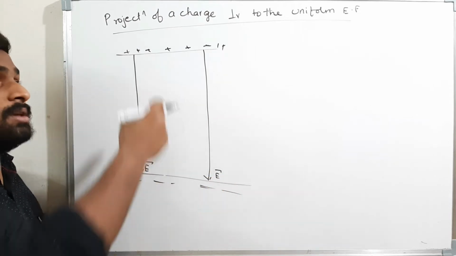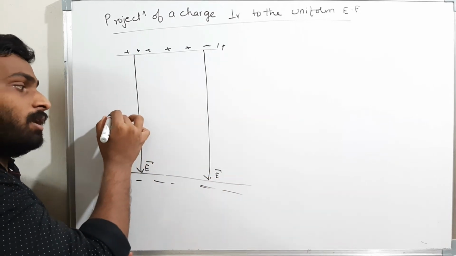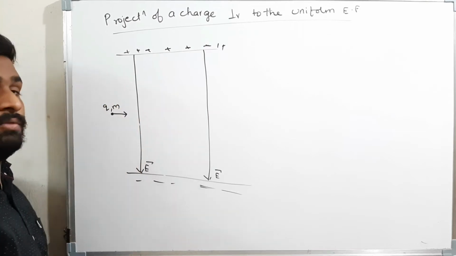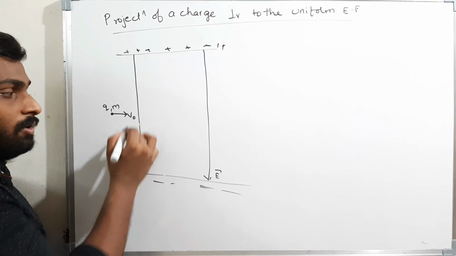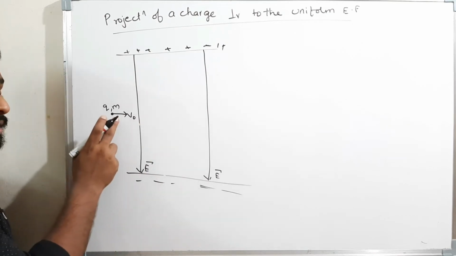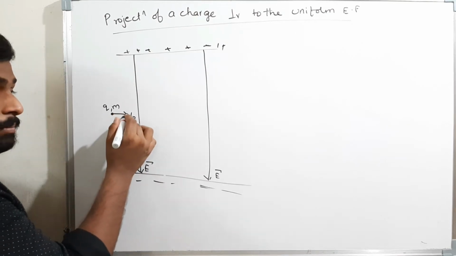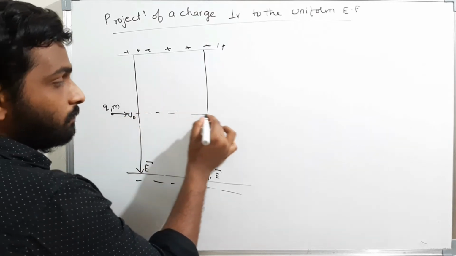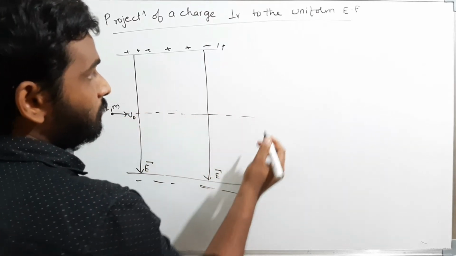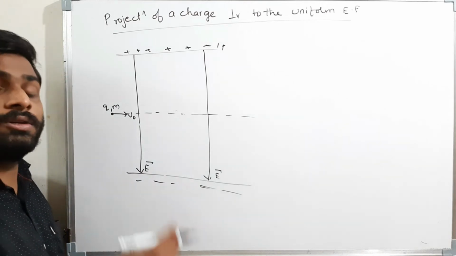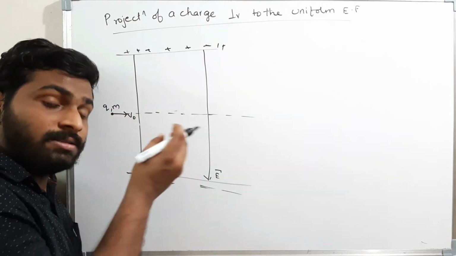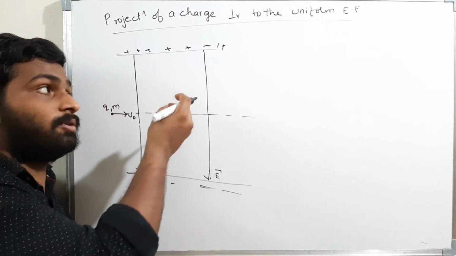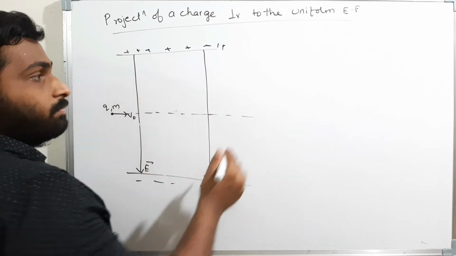Now if I project any charge q of mass m with initial velocity v0 perpendicular to the electric field, they told to find the velocities, accelerations, the displacement, the angle, everything with respect to the time. Now see here.